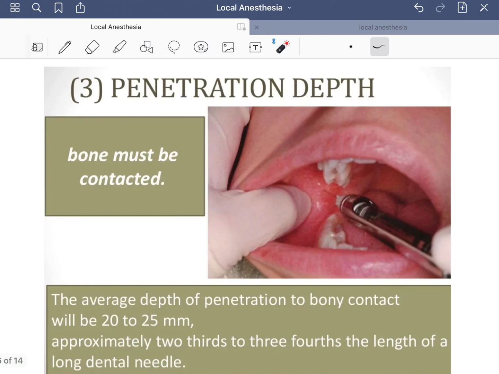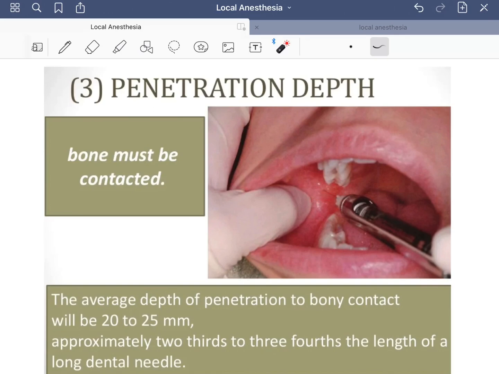When you pull the cheek with your finger, a horizontal line extends to the deepest part of the pterygomandibular raphe. This is the horizontal line.